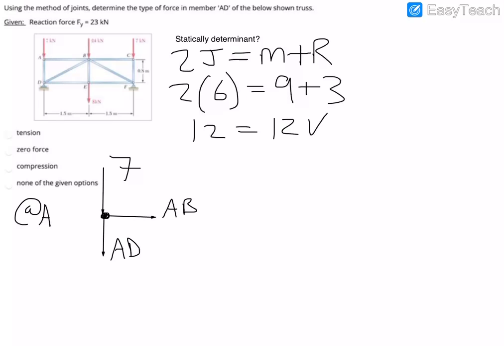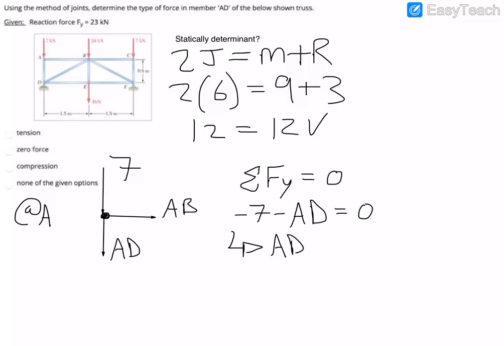We can see very simply from the sum of the forces in the y direction being equal to 0 that if you subtract these forces, because they're both supposedly going downwards, we have a -7 and a minus AD would be equal to 0. So all you have to do is simplify this expression for AD, and you have AD is equal to -7 kilonewtons.